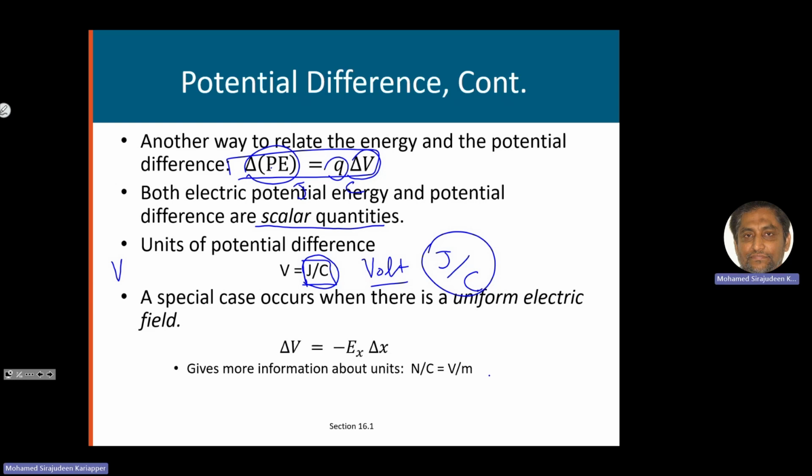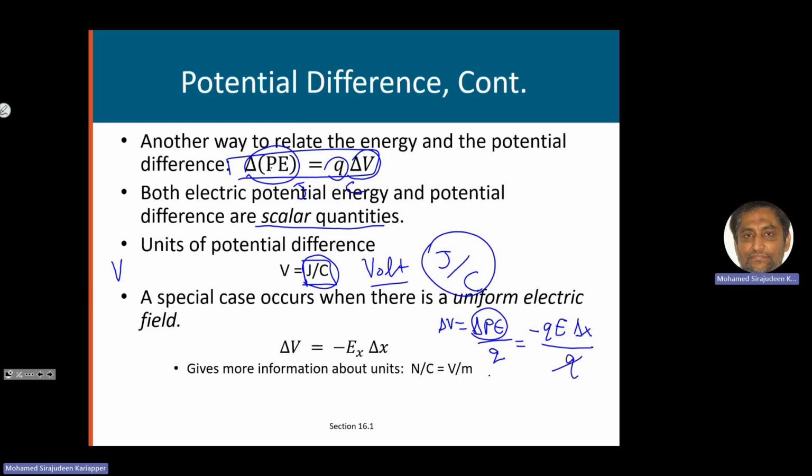Now again, we can get the special case when the electric field is uniform, because we can say that delta V is equal to the change in the potential energy divided by Q, and we derived an equation for the change in the potential energy in the case of a uniform electric field to be minus Q E x delta x, for an electric field in the x direction.